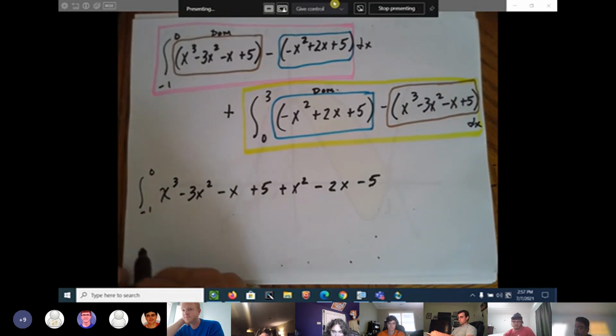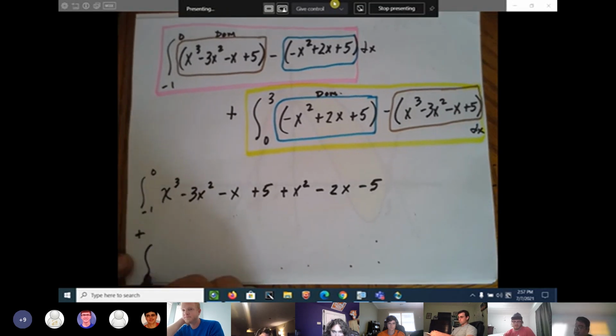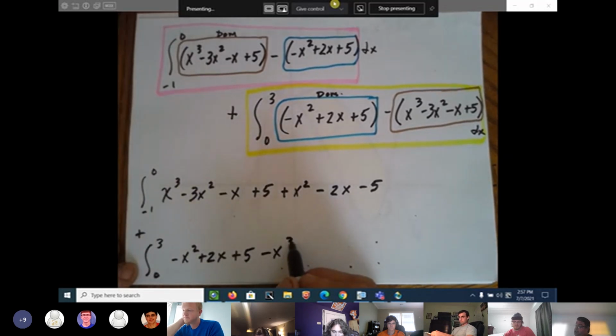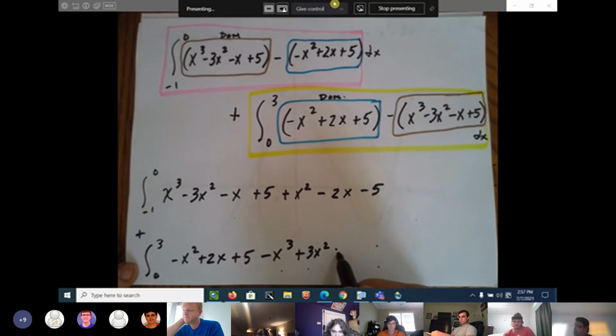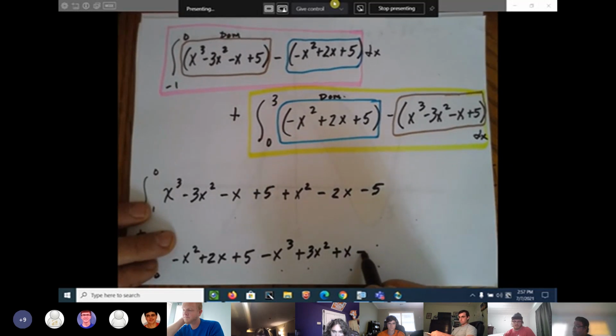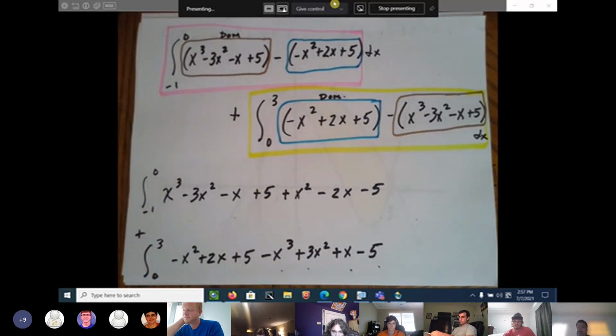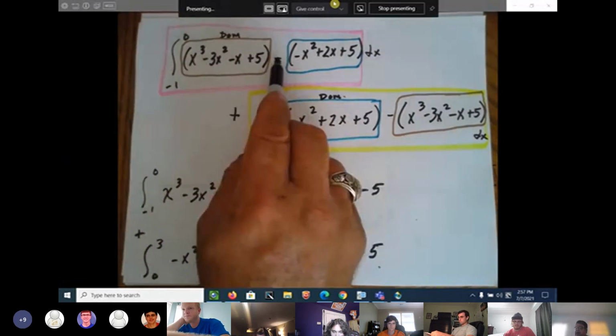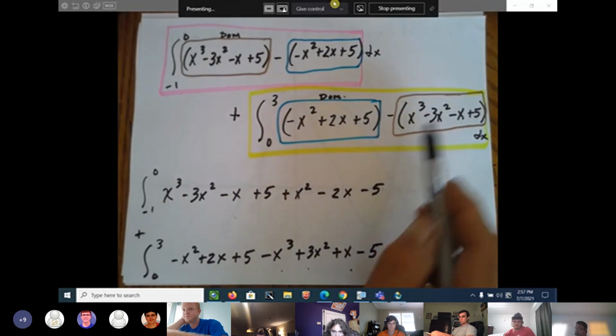And then the next one, plus 0 to 3, and that's going to be -x squared plus 2x plus 5 minus x cubed plus 3x squared plus x minus 5. All right, y'all check me and make sure I didn't make a mistake. All I did was put these two together with the minus symbol distributed.